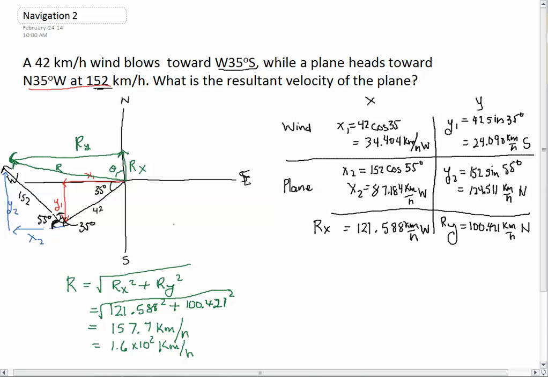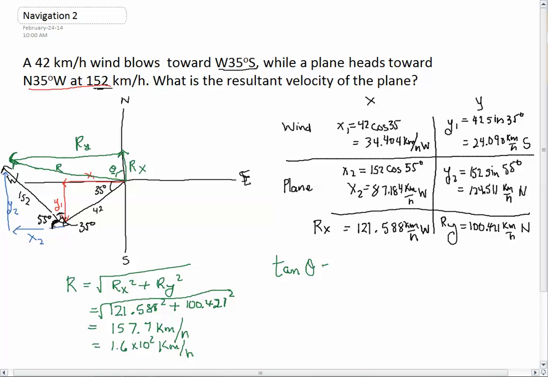Our next requirement is to find the direction, so we're going to use this theta here to calculate it. We've got Ry, which is opposite, and Rx, which is adjacent, so we'll use the tangent of the angle.